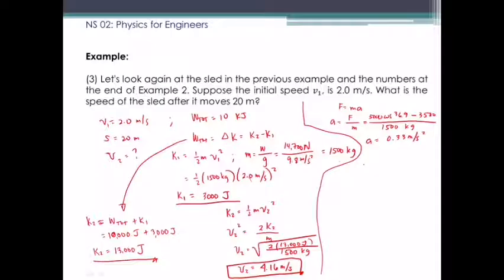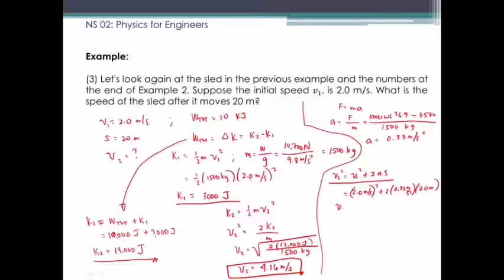So now with the acceleration, we can solve for V2 using the formula for motion along a straight line. V2 squared is equal to V1 squared plus 2AS. I hope you have encountered this when I asked you to research motion along a straight line. So V1, given, is 2 meters per second, plus 2 times acceleration 0.33 meters per second squared, and then your displacement is 20 meters.